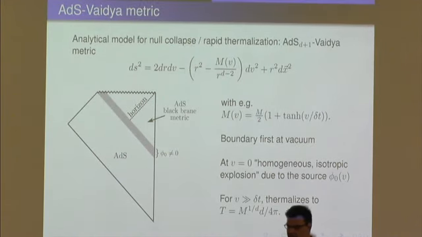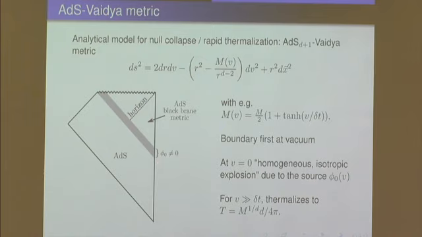So what is the AdS-Vaidya geometry? Well, it describes the collapse of null matter that falls along light rays, and then it crosses its horizon to form a black hole, or a black brane if you take the horizon to be flat. And the metric is astonishingly simple. All the non-trivial information is in this mass function that depends on one of the null coordinates that you can think of as the time coordinate.